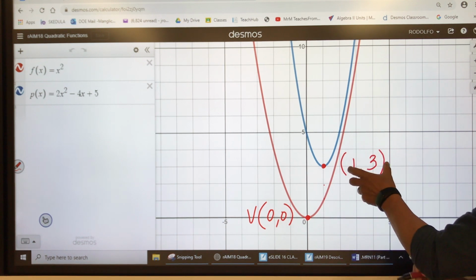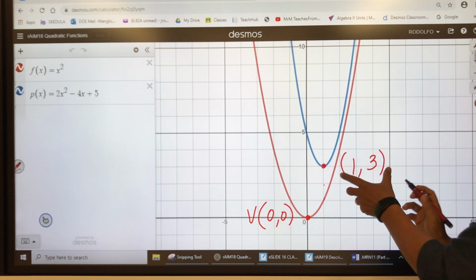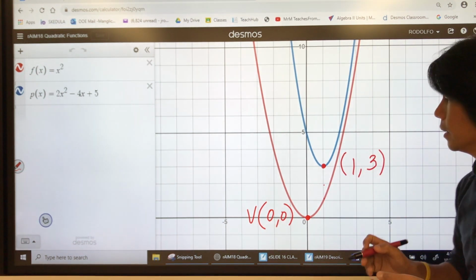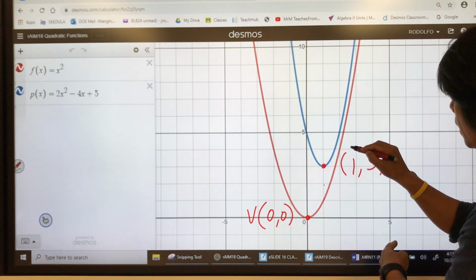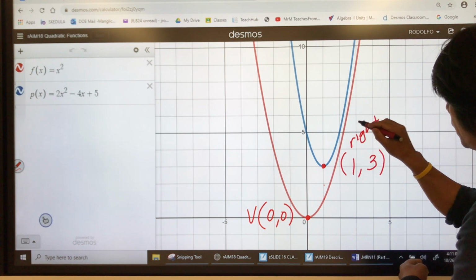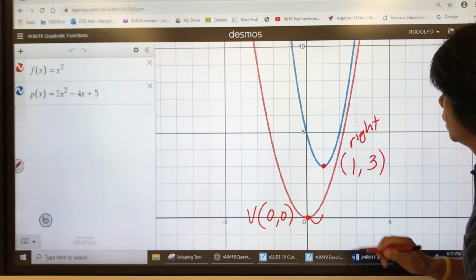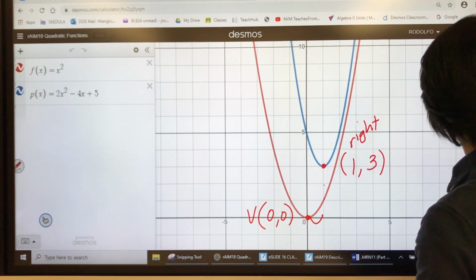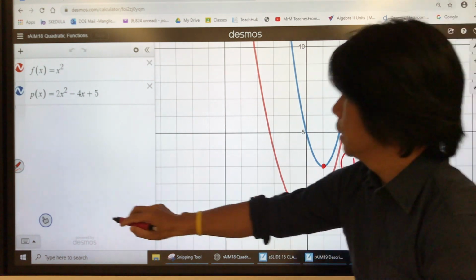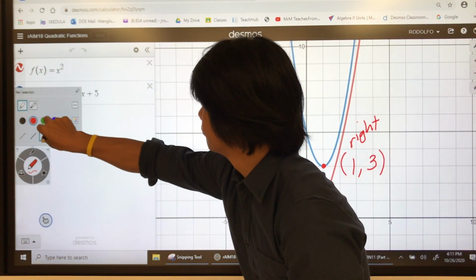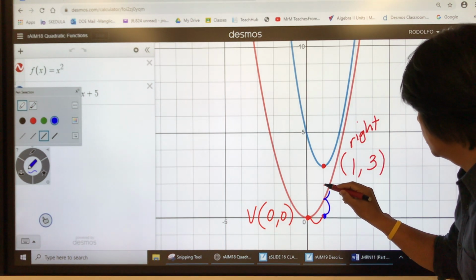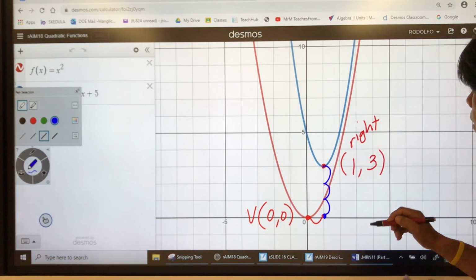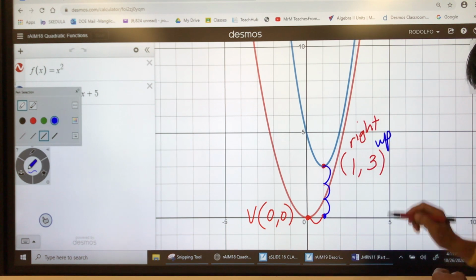This new vertex tells us how it translated. So it translated 1 unit to the right, right? Because we went to the right 1. Yeah? And then from here, we translated 1, 2, 3. 3 units up.